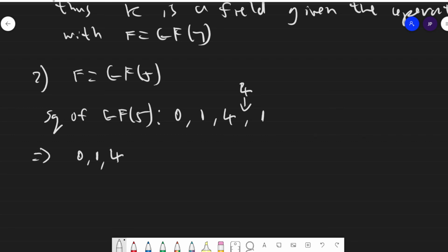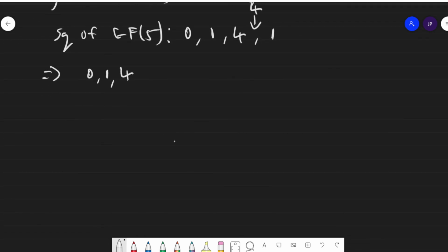But these will give me problems, because I can see that if I sum 1 and 4, I'll get 0. So basically, if I use the composition, let me quickly write down Galois field 5, which is 0, 1, 2, 3, 4.